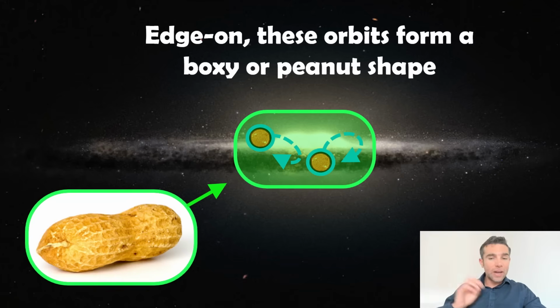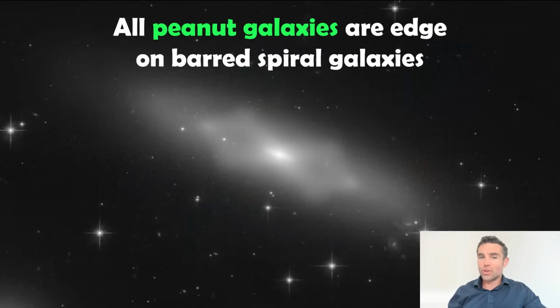And when you overlay them on top of each other, you actually get this peanut-like shape, or actually it can be a boxy or even like an X-like structure. And I'll show you some pictures of some galaxies in a little bit, just to see what you can see as they overlay. Stars are emitting light, so where they're denser, you get that sort of structure. But anyway, you get this sort of peanut structure.